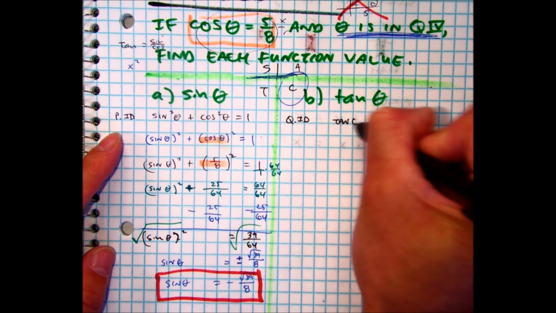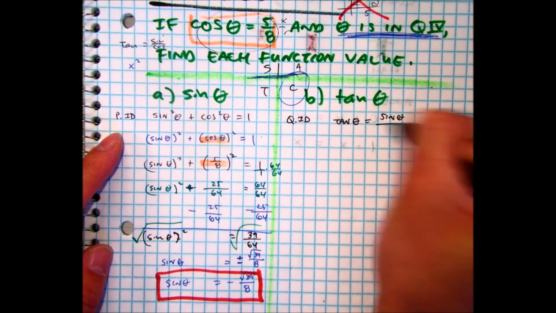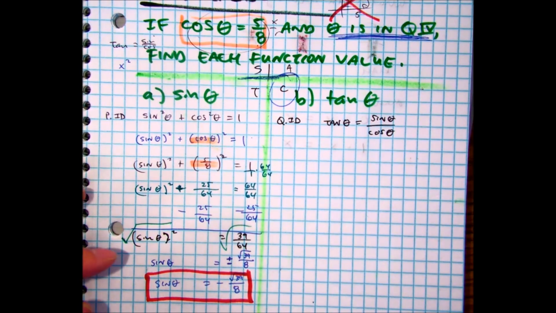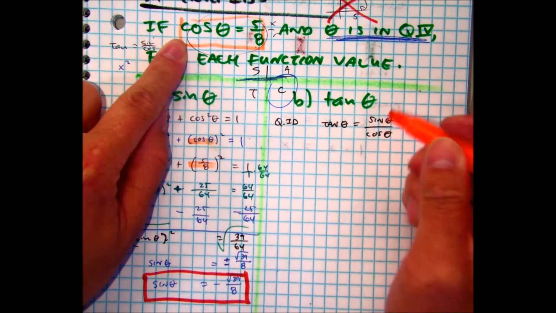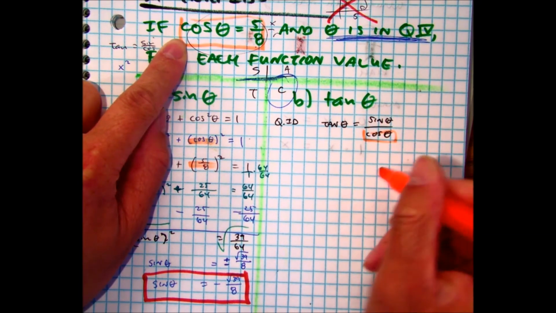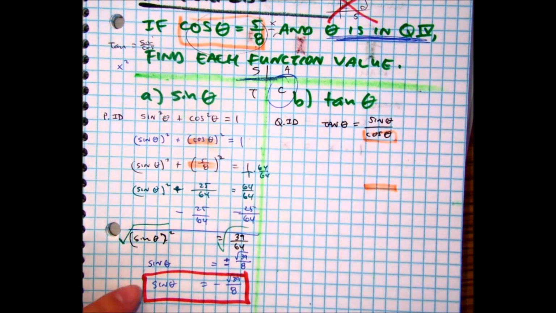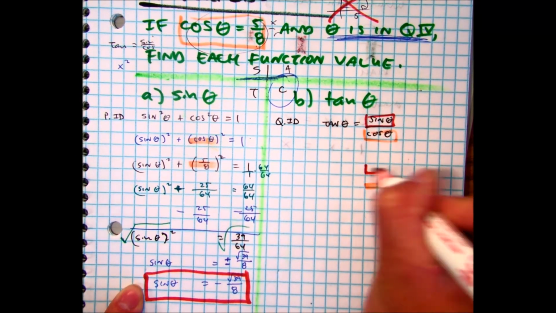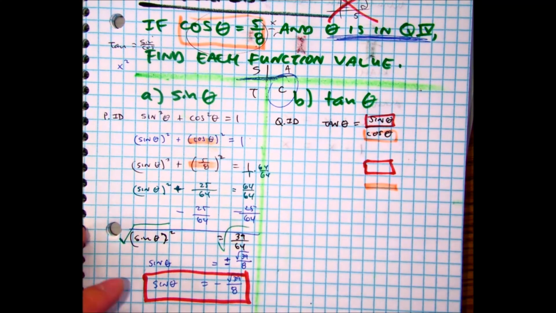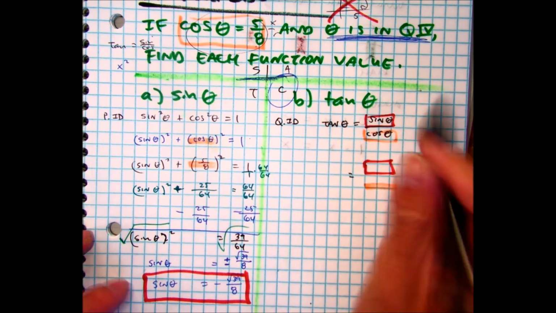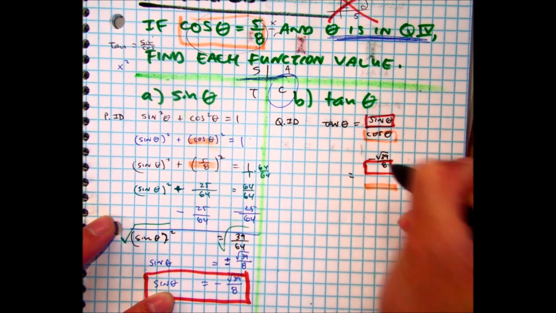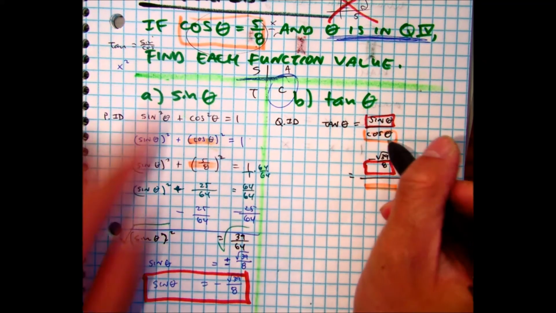So I have tangent of theta equals sine of theta over cosine of theta. Well, in orange, I have 5/8. I just found my sine value down here. And we're just trying to find tangent. So sine is negative radical 39 over 8 divided by cosine, which is 5/8.